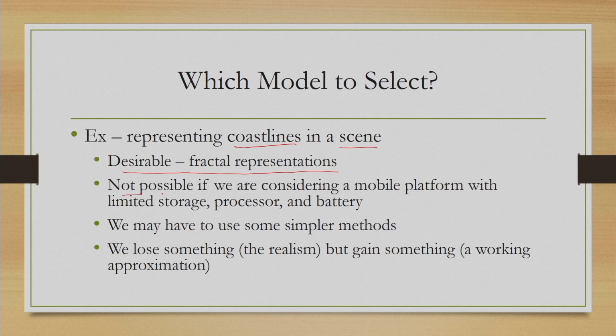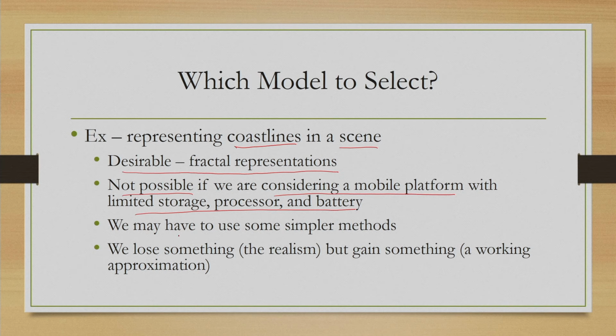But it may not be possible if we are considering a mobile platform with limited storage, processor and battery, because fractal representation has additional computation cost which may not be supported in low end mobile devices. So, in that case we may have to use some simpler method. So, we are losing here something, the realistic effect, but gain something which is a working approximation. So, such trade-offs are very much part of the decision making process, balancing those trade-offs.